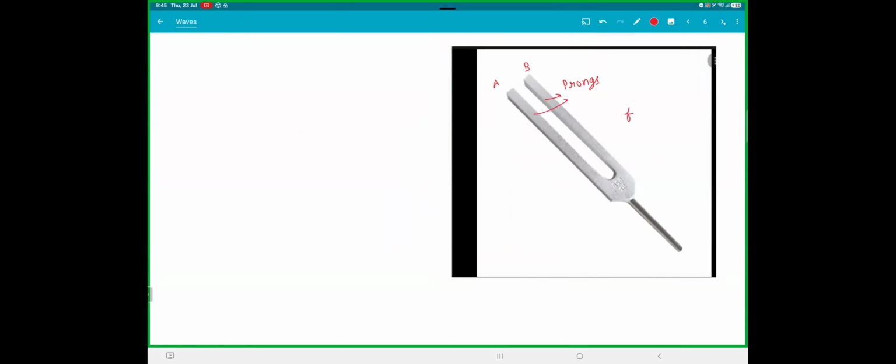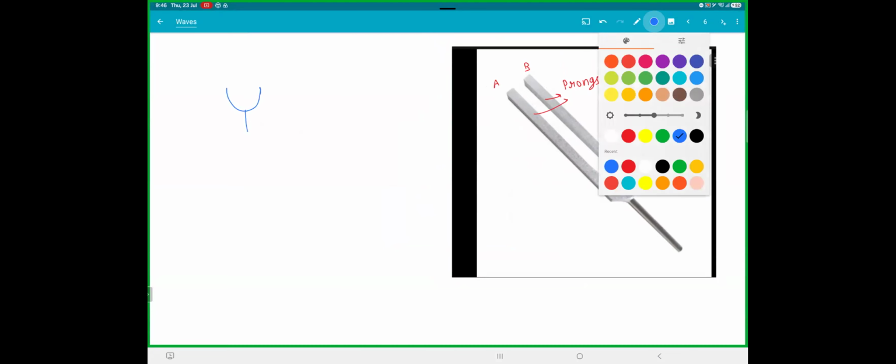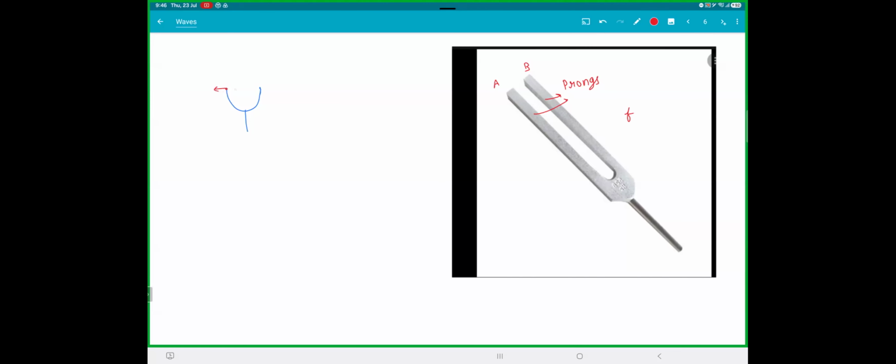So frequency is F. Now when you hit this tuning fork, you know how these things move? A and B, if you look at them, both of them go away at the same time, and both of them come towards the mean position at the same time. If you try to write the displacement, XA will be A sine omega t plus pi because it's going backward.